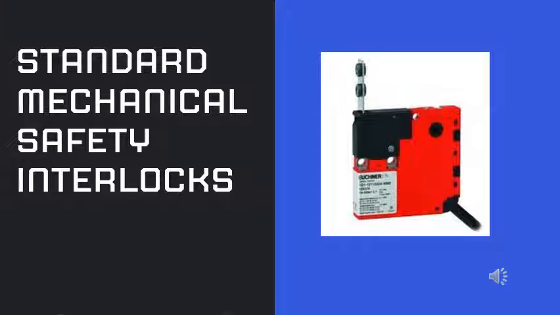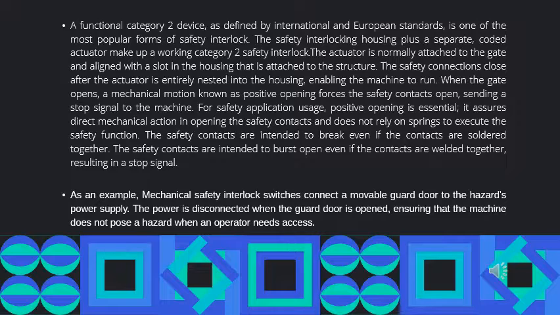Now, we move on to the second SIS, which is Standard Mechanical Safety Interlocks. Standard Mechanical Safety Interlock is a functional Category 2 device, as defined by international and European standards. It is one of the most popular forms of safety interlock.